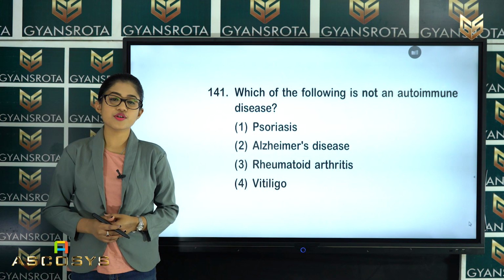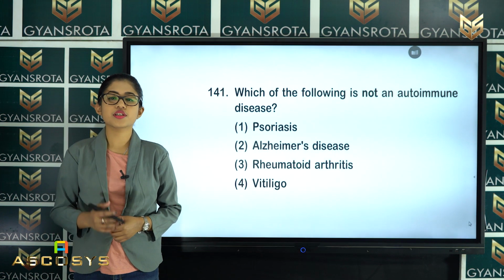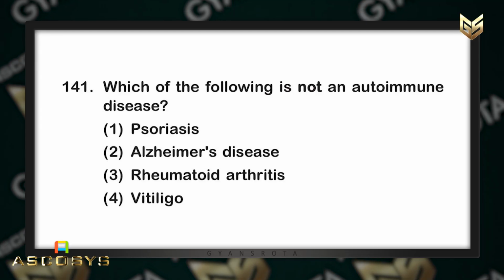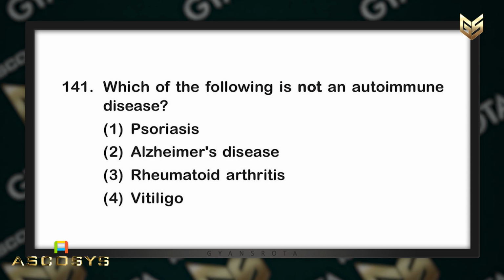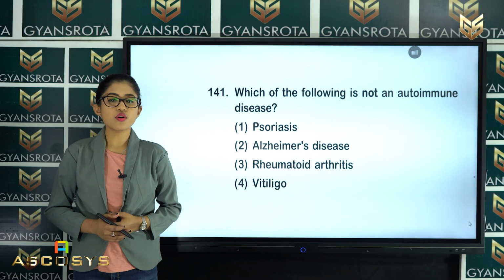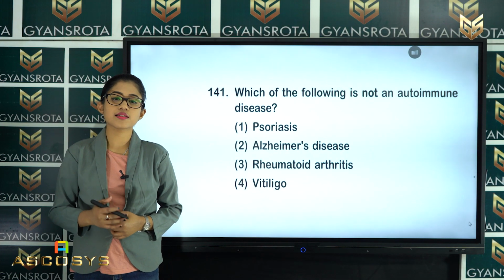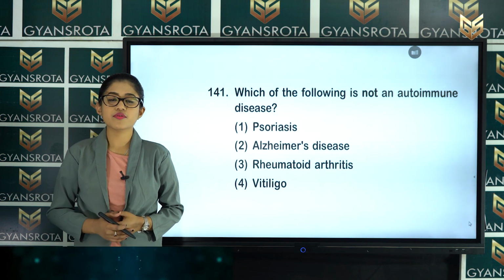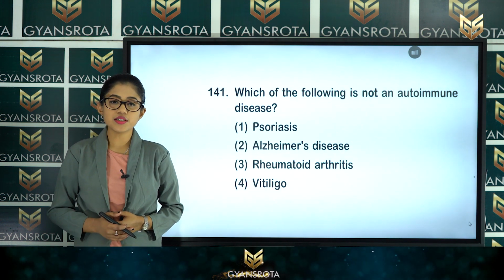Now, in the next question, as you can see here, question number 141, which of the following is not an autoimmune disease? Psoriasis, Alzheimer's disease, rheumatoid arthritis or vitiligo. So, we know all these diseases and their definitions, and we have already covered the different types of these diseases in our chapters.